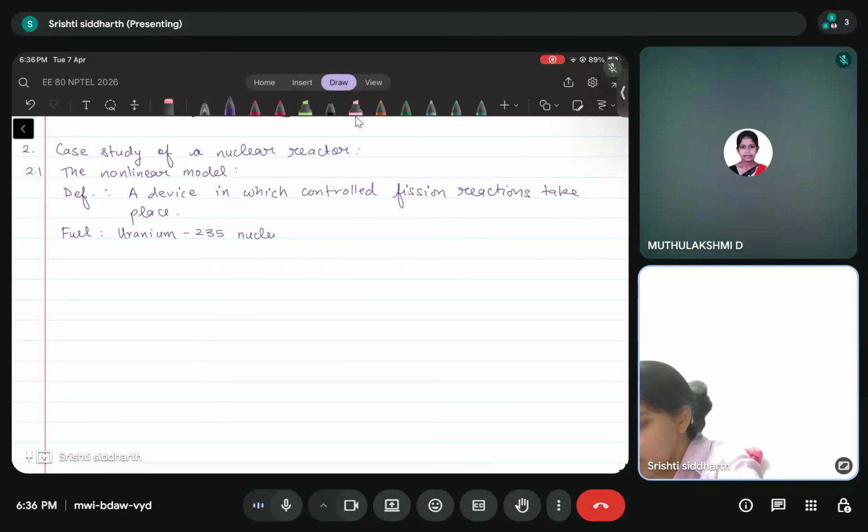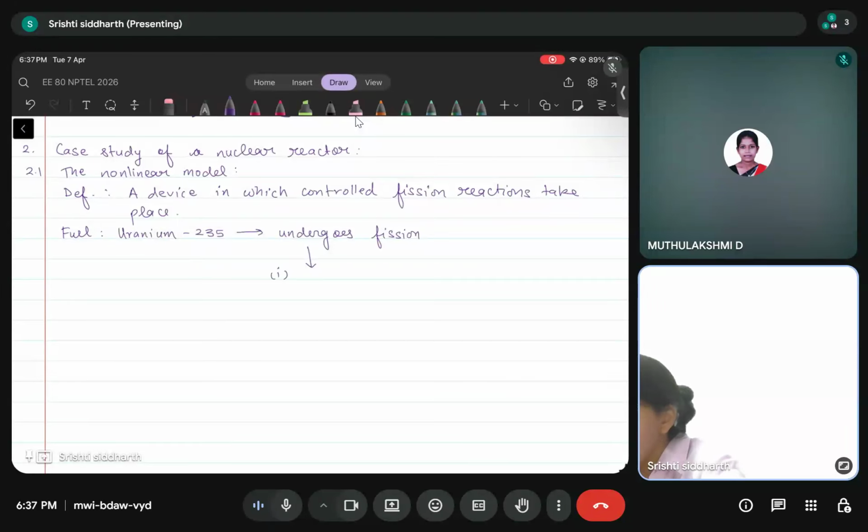Or you can just say the fuel is uranium 235. So the fuel undergoes fission. This results in three quantities, right?